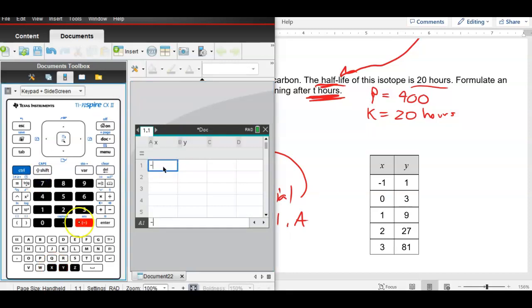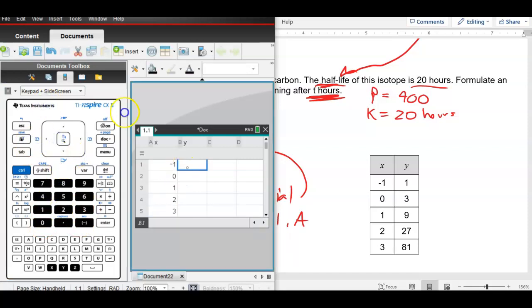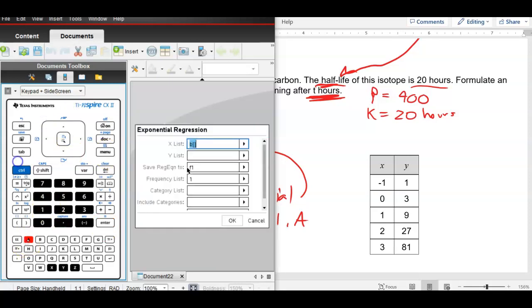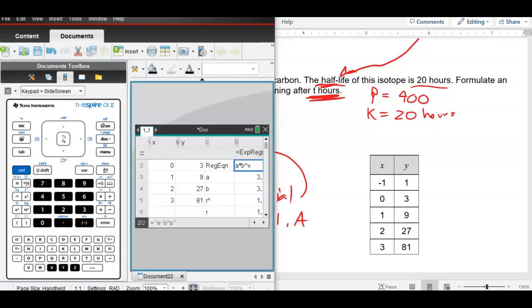And down here, I can type in all these numbers. Okay, and then I press menu 41A, X on X, Y on Y, and then I hit OK.